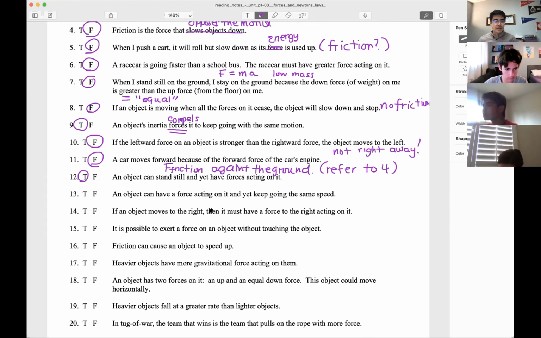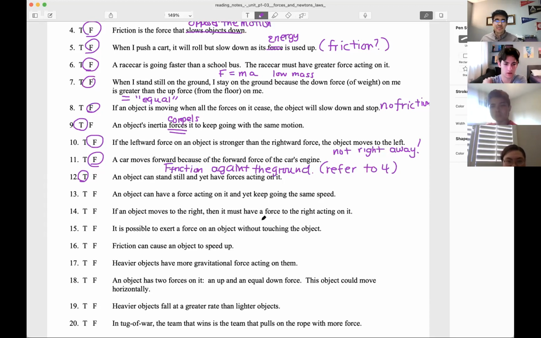13, an object can have a force acting on it and yet keep going the same speed. Would that be true? This one's so trickily worded. What are you thinking, Bronson, when you say true?